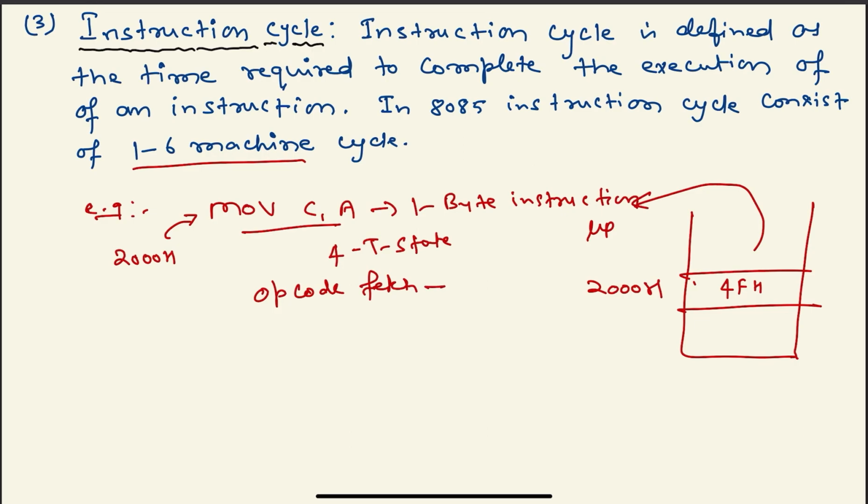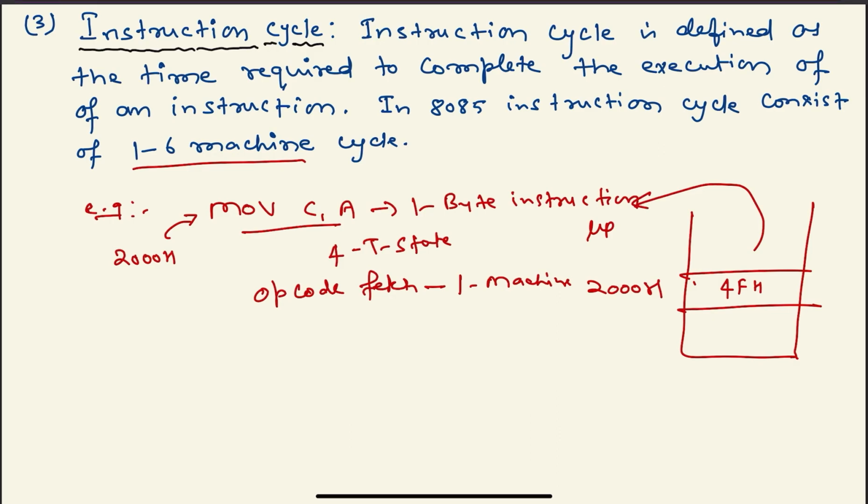This is referred to here as one machine cycle, and by decoding and execution of this 4FH hex code from memory to the processor, the entire operation is completed.